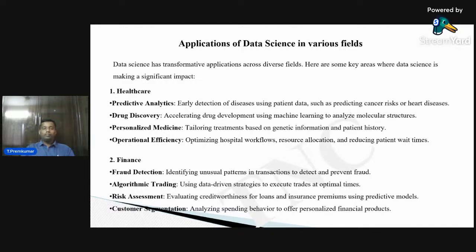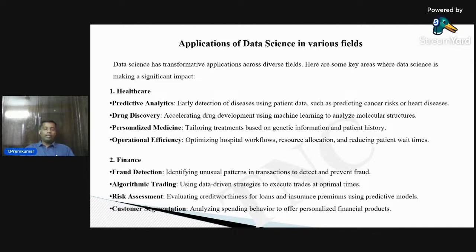In the financial sector, fraud detection, algorithmic trading, risk assessment, and finally customer segmentation can be obtained. In fraud detection, it is used to identify unusual patterns in transactions to detect and prevent fraud. In algorithmic trading, data-driven strategies execute trades at optimal times.